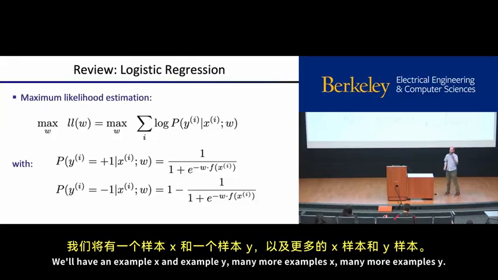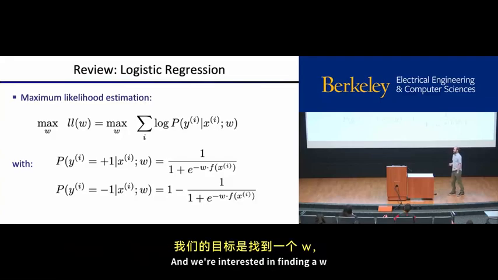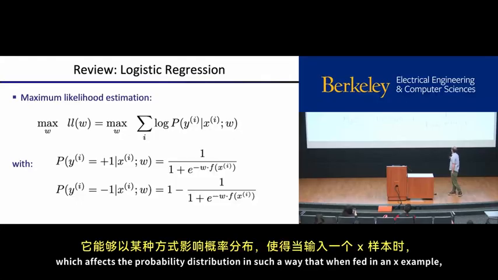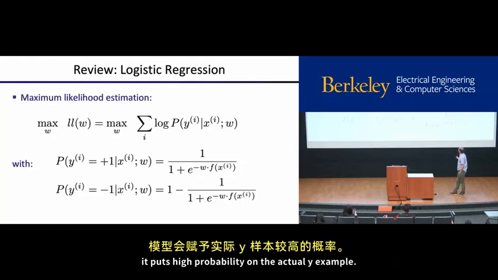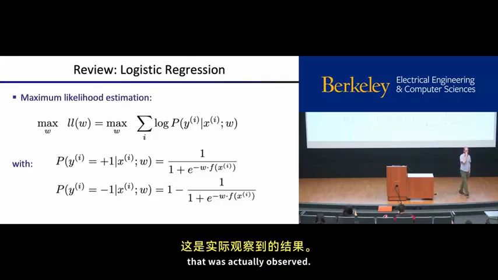We'll have an example X, an example Y, many more examples X, many more examples Y. And we're interested in finding a W which affects the probability distribution in such a way that when fed an X example, it puts high probability on the actual Y example that was actually observed.